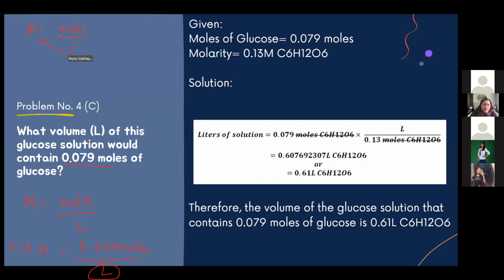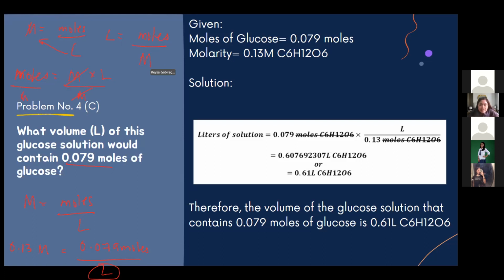We cross multiply that. This will become, moving moles down, moles equals M times liter. But we are looking for the liters, so let's divide both sides by M. That will cancel. Class, this is now our formula: liter is equal to moles divided by the molarity.